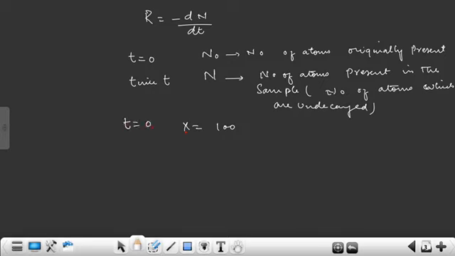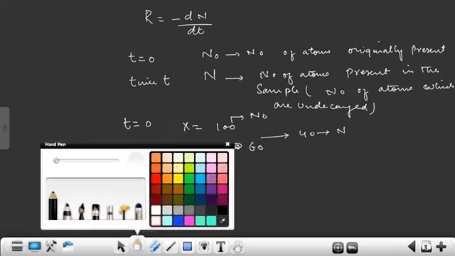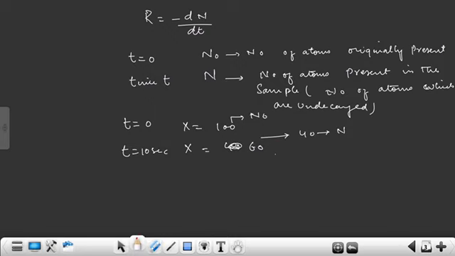Let's say after 10 seconds the number of atoms left is 40, or I can say 60 atoms have decayed. So only 40 are left, and that 40 is actually N. So N naught is the number of atoms originally present, and N is the number of atoms left over after time interval t.